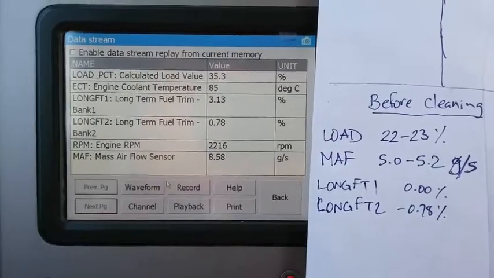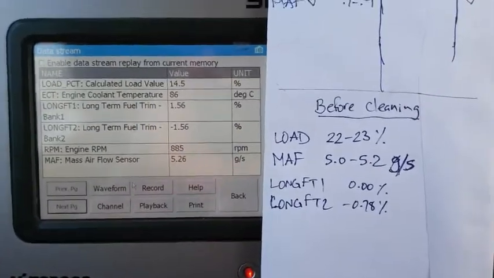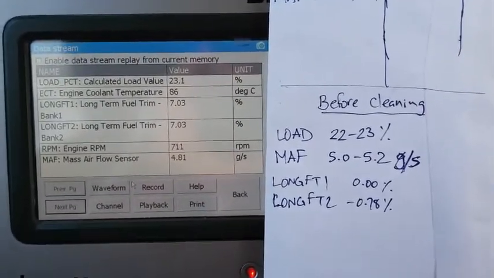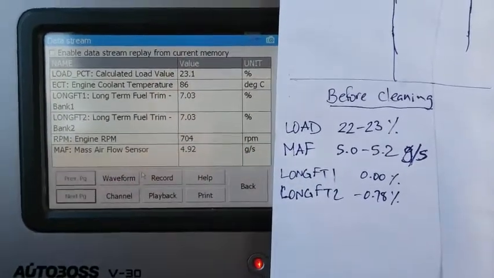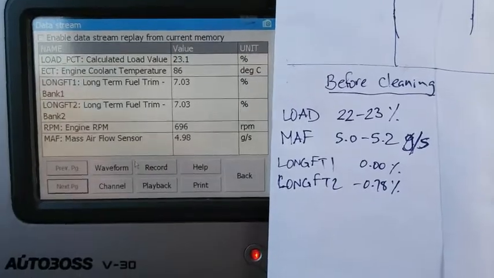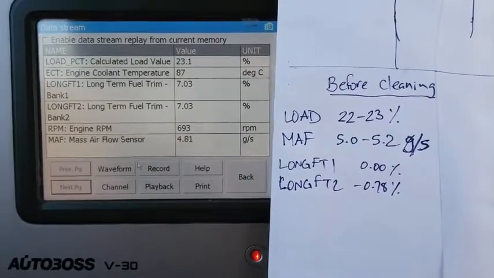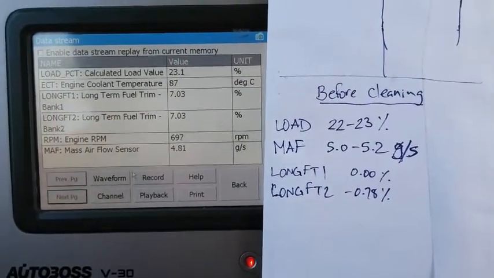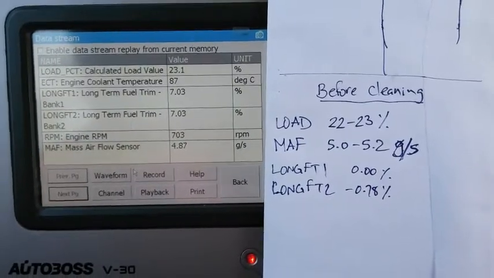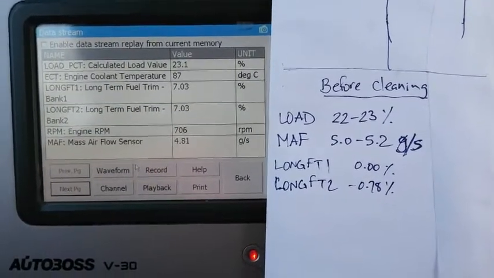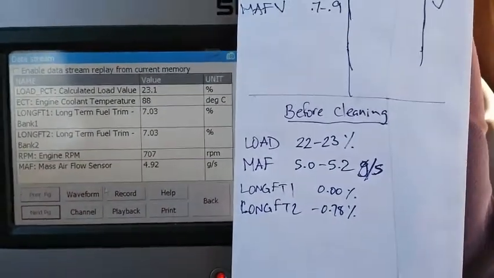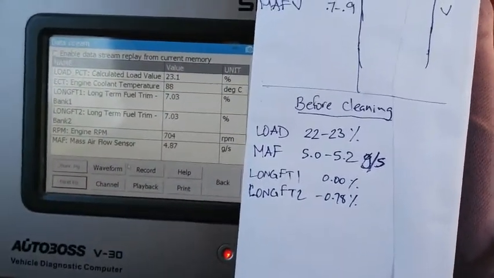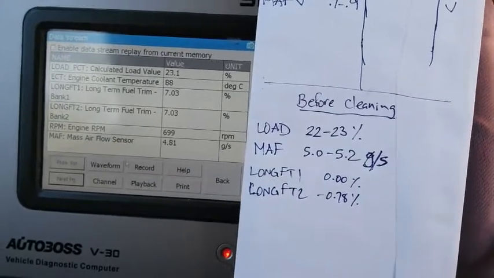Before, I remember that, before cleaning the mass airflow sensor, when I performed this test at 2,500 RPM, our long-term fuel trims did start at 0, but as I climbed the RPM to 2,500, they jumped to about 3%. So like I said, that's an indication when the long-term fuel trims tend to increase.